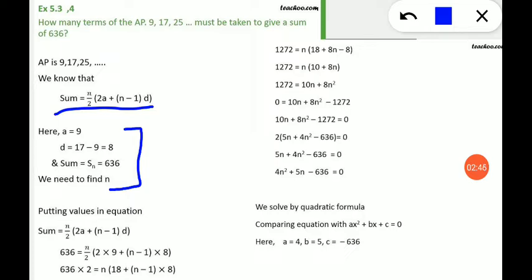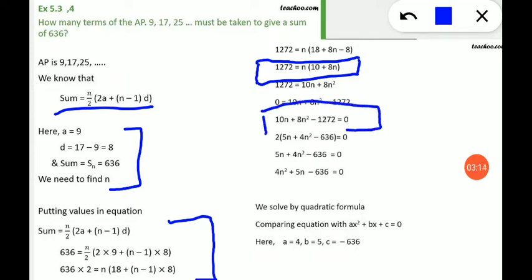After substituting and solving this, we get 1272 is equal to 10n plus 8n square, which further gives us, while taking all the things on one side, 10n plus 8n square minus 1272 is equal to 0.